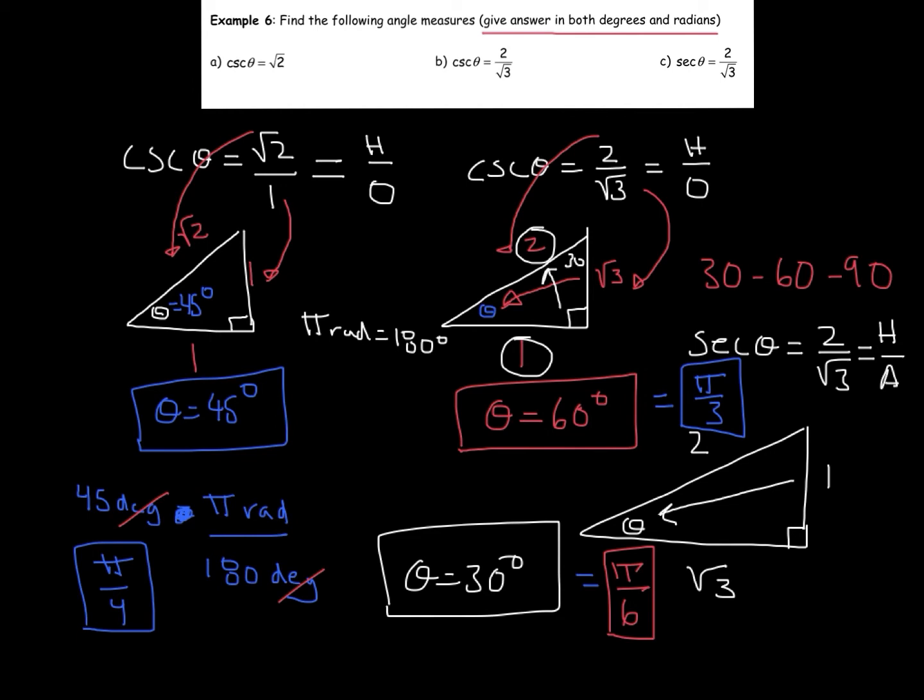So what is 180 divided by 3? 60. What is 180 divided by 6? 30. So pi over 6, pi over 3. All right? And we're going to do the last problem here in the next.